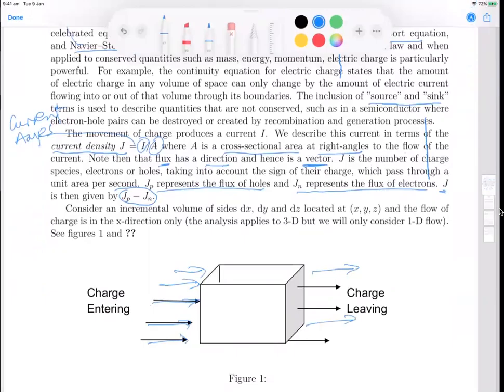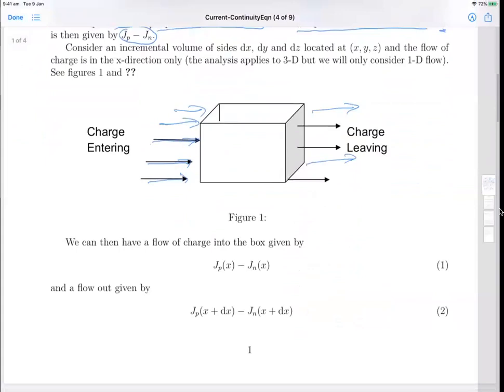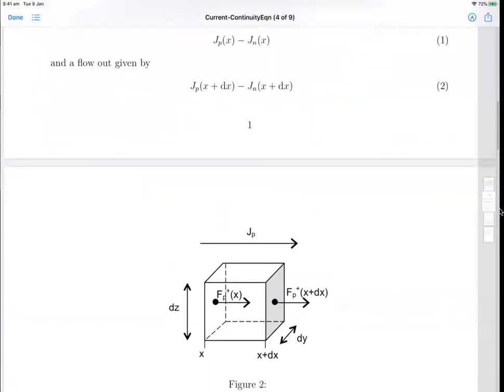If there is no disappearance of flux in the box, or no generation of charge in the box, then what comes in should also come out. But it's possible in our case to have generation and recombination. So we need to look at these two cases.